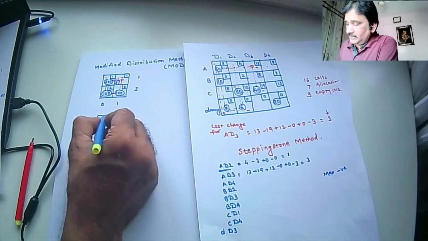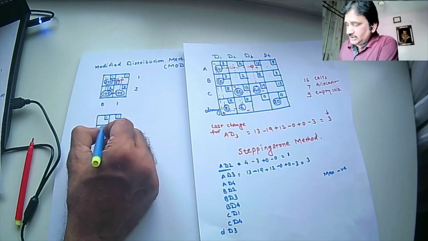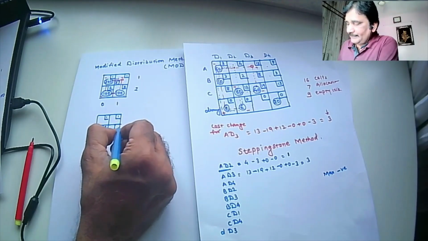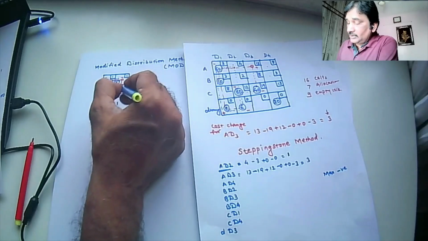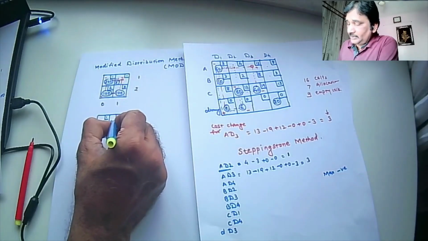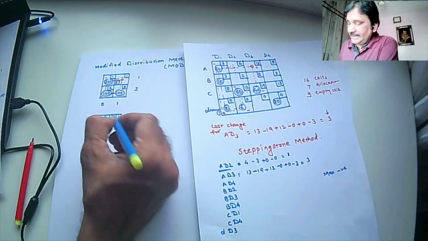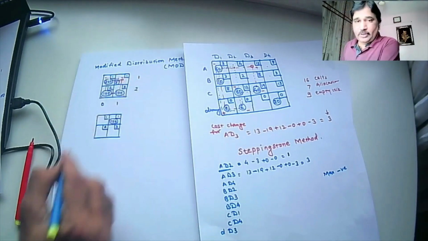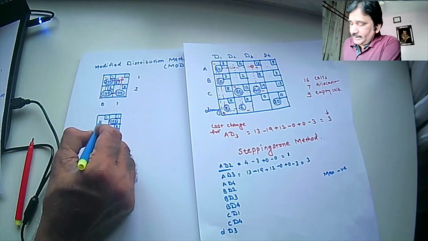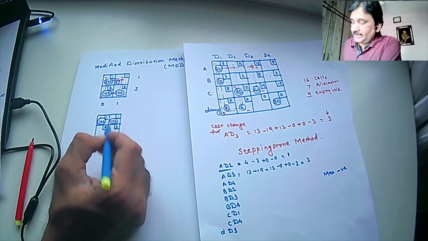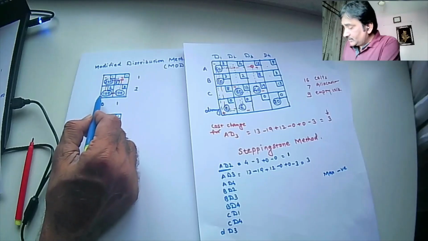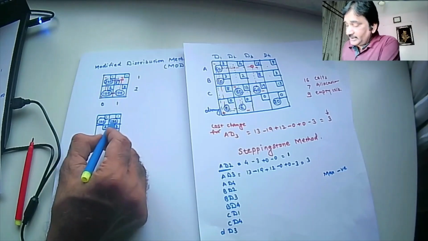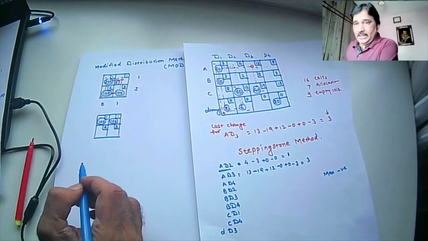Here I have 1, and this cost will always have to be copied. 3, right? So now 100 I have to shift to this empty cell. Then 100 I will be subtracting from this 200. So here I have 100, 200 minus 100, and 100 I have to add, because wherever there is a plus sign you have to add, and wherever there is a minus sign you have to subtract the quantity which you allocate in the empty cell.